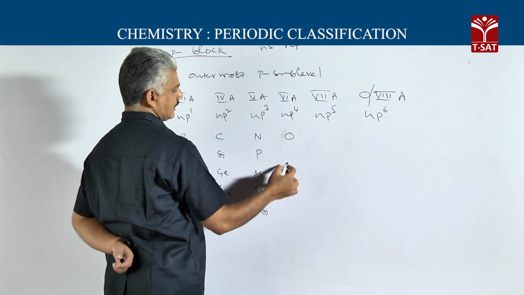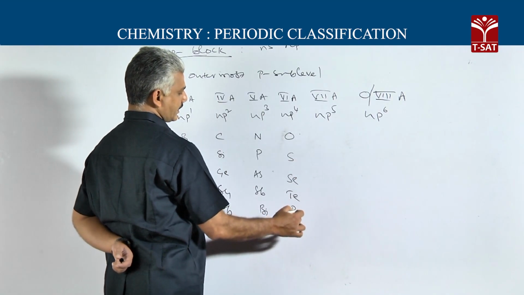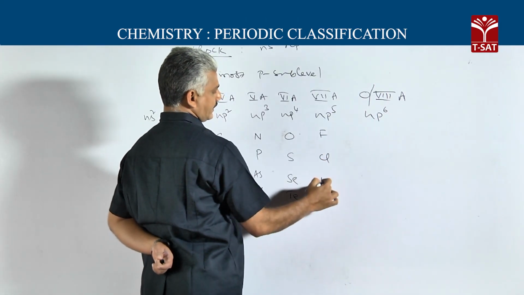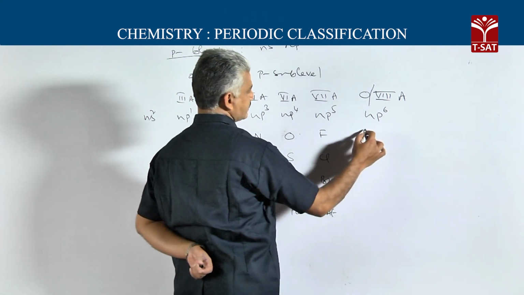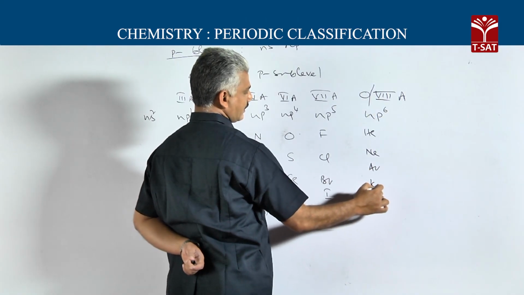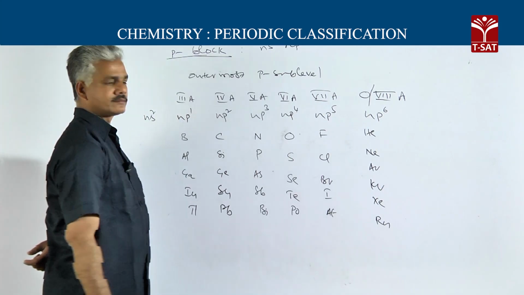In 6th A, oxygen, sulfur, selenium, tellurium and polonium. 7A, fluorine, chlorine, bromine, iodine, astatine. In 0 group, helium, neon, argon, krypton, xenon and radon.